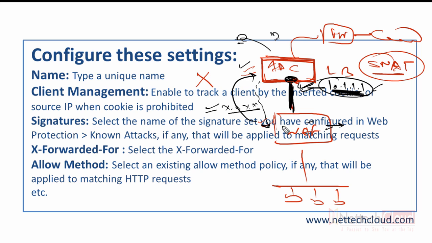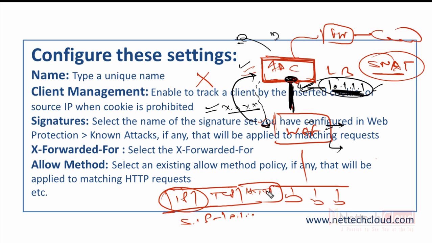Then is there any way that the WAF can easily distinguish between illegitimate and legitimate traffic or IPs? Because in the IP header, the source IP address will be 10.1.1.1. So yes, there is one option, and that is using the X-Forwarded-For option.